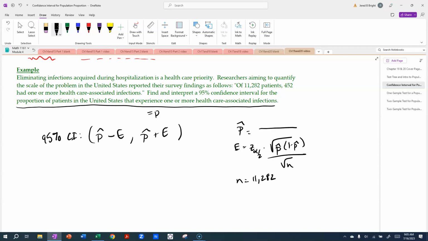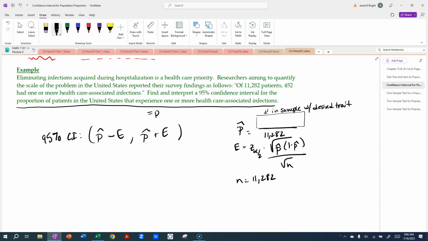Well, p hat is going to be the number of individuals in our sample with our desired trait over n, 11,282, okay? The numerator is the number in the sample with our desired trait. So what is the trait and how many have it?